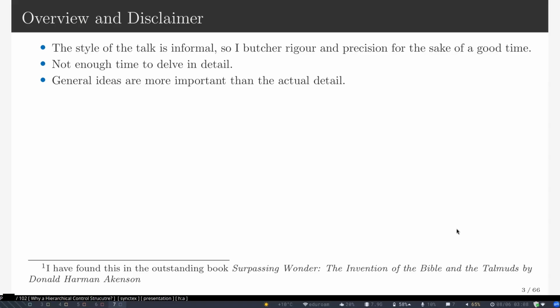And I think the general ideas are more important than the actual details. If I manage to spark some interest in some of you to go and delve deeper, then I achieved what I wanted to do. And that number really sits around 10%. That's the objective I have in my life. 10% is good enough.